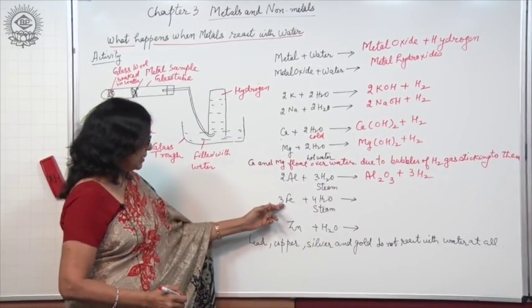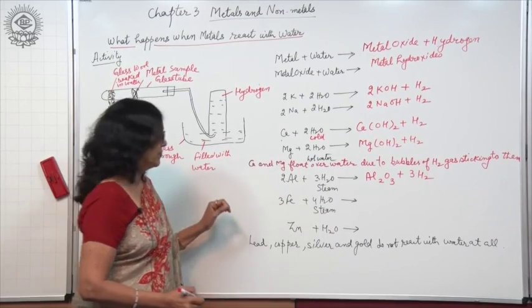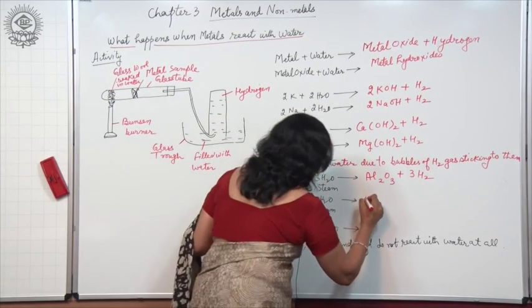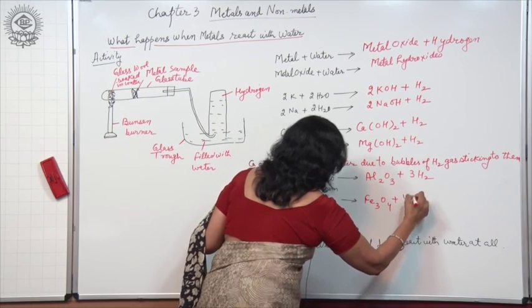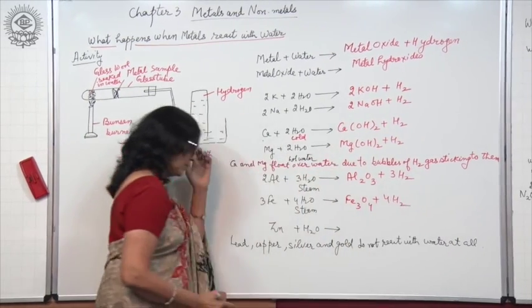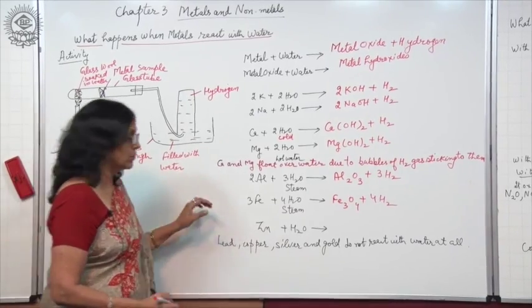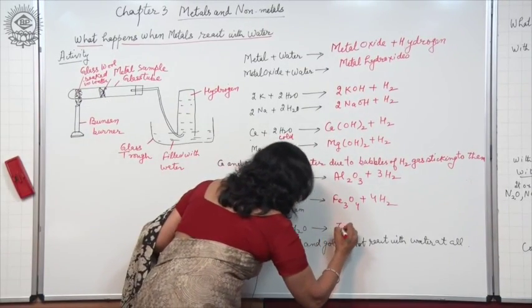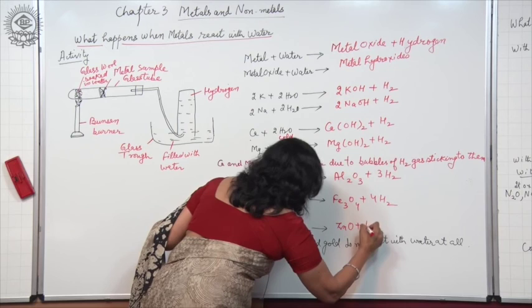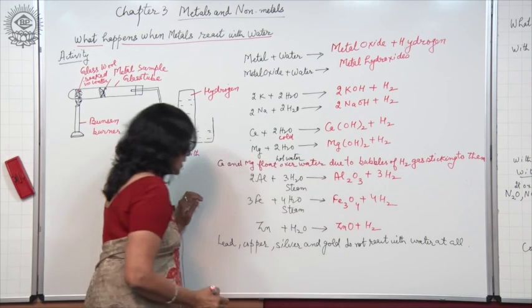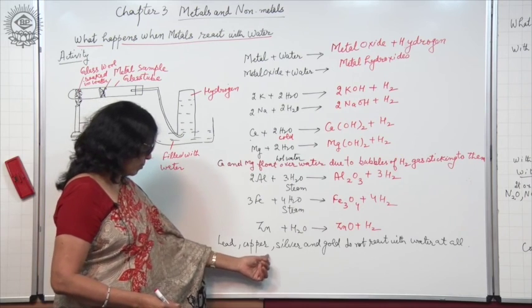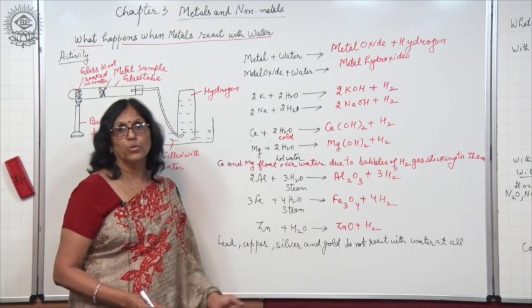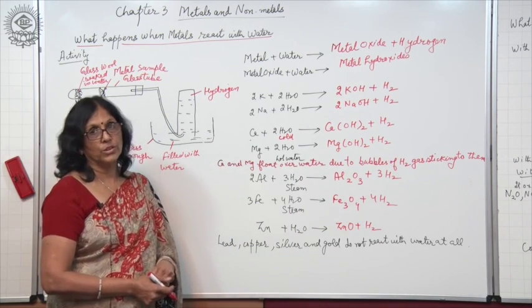In the same way, iron reacts with the steam and forms ferric oxide and hydrogen gas is liberated, and in the same manner zinc also forms zinc oxide and hydrogen gas is liberated. The metals like lead, copper, silver and gold do not react with water at all.